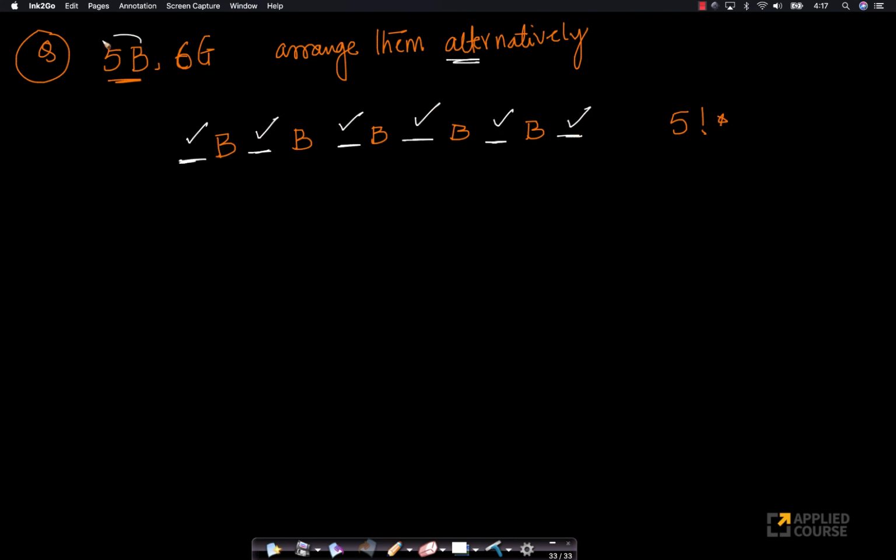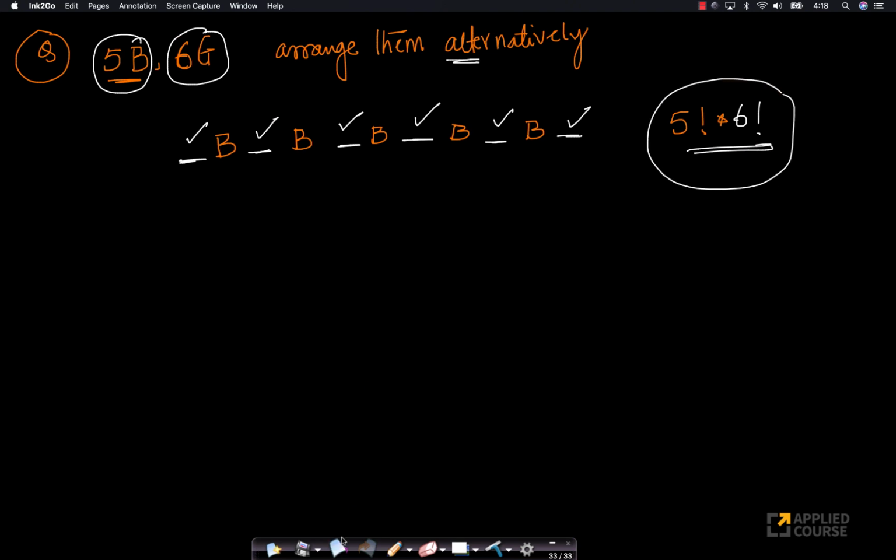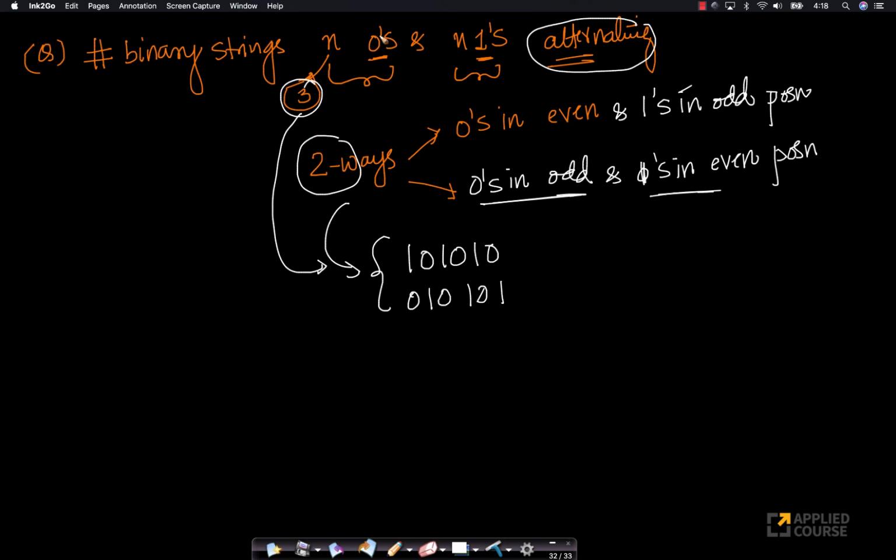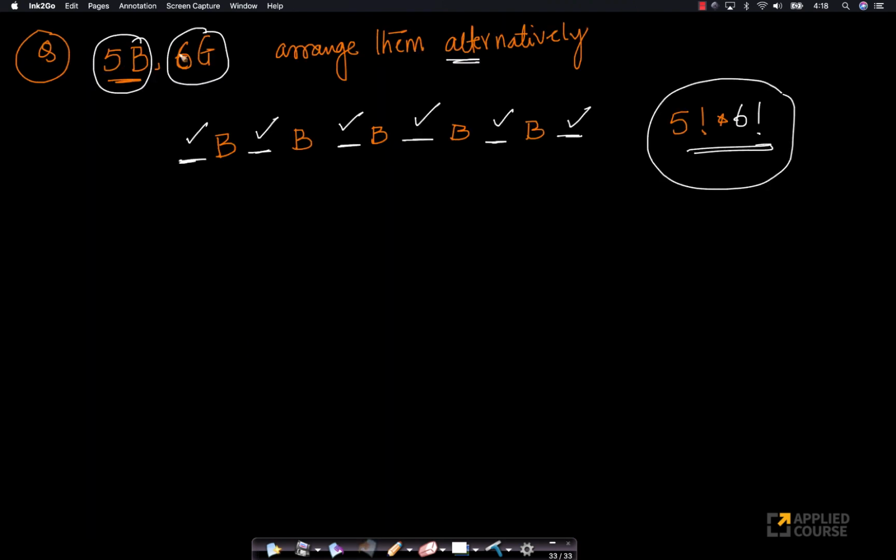Remember, each boy is unique and each girl is unique, right? So I have 6 locations and I have to place 6 girls. And each girl is distinct, which means I can arrange them in 6 factorial ways. Unlike the binary string, where your zeros are identical to zeros and your ones are identical to ones, here each boy is unique and each girl is unique.